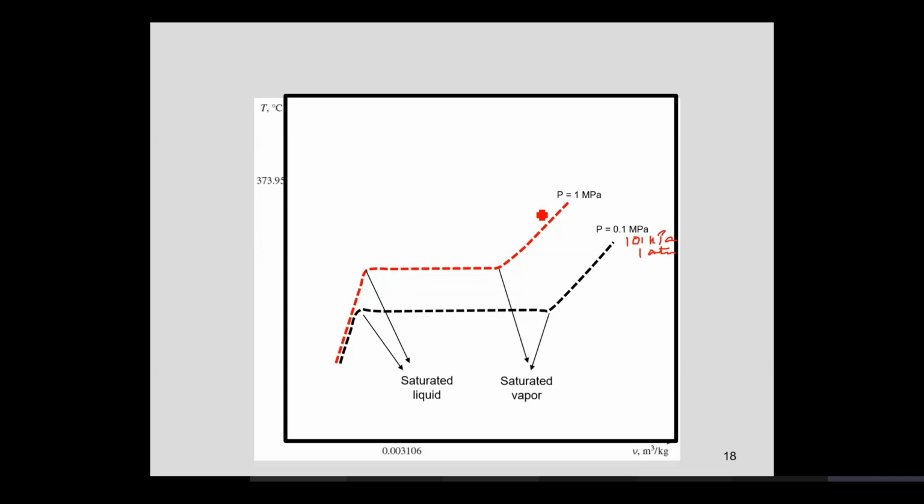If I continue increasing the pressure, you see that this line is shrinking. These 2 points are getting close together as I am increasing the pressure from 0.1 megapascal to 8 megapascal. Clear enough?